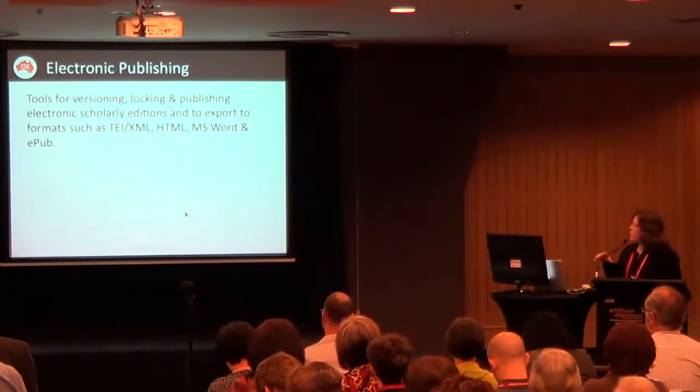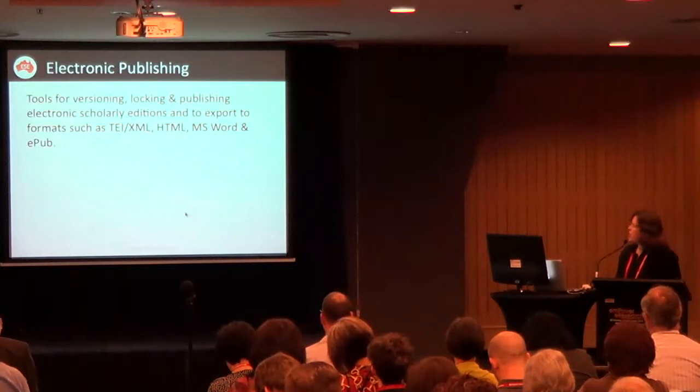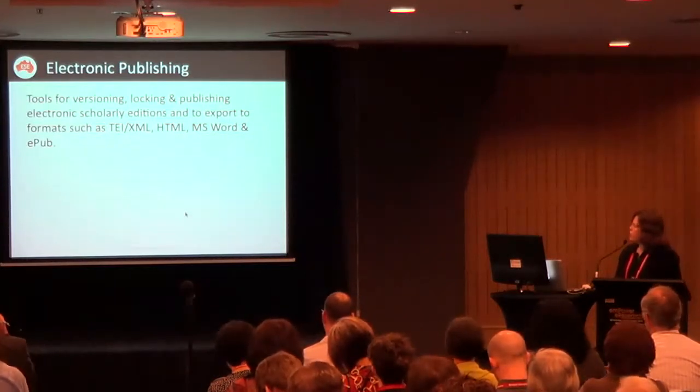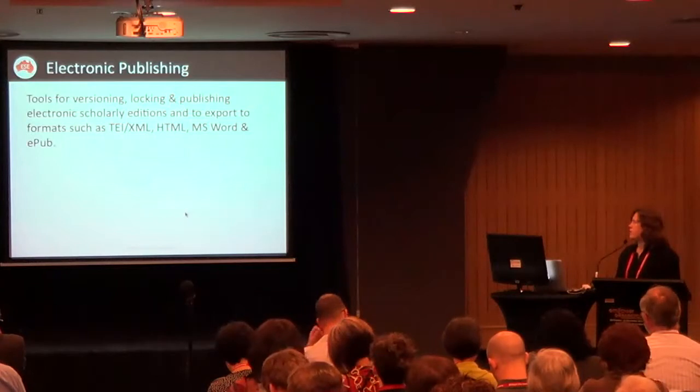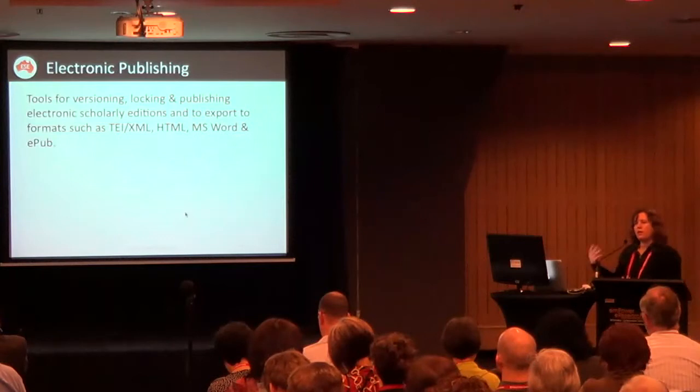And the last piece that was in that architecture diagram is the electronic publishing, which is the tools that we use for versioning, locking, and publishing the editions once they're completed to online formats, to TEI XML, to Microsoft Word, EPUB, etc. So this really depends on the end goal.